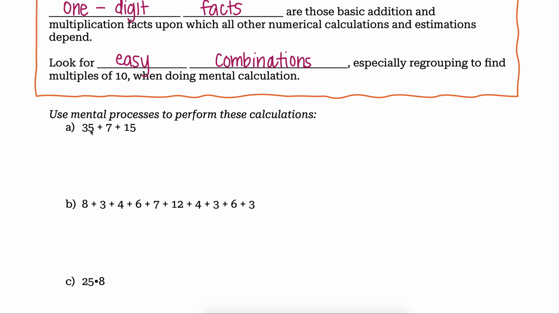We have the associative property and the commutative property. So I'm going to think of this as 35 plus 15 plus 7. 35 and 15, if you add them together, you're going to get 50. There's a multiple of 10. So 35 and 15 make 50. So then we just have 50 plus 7, or 57.